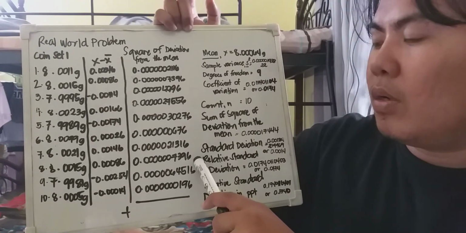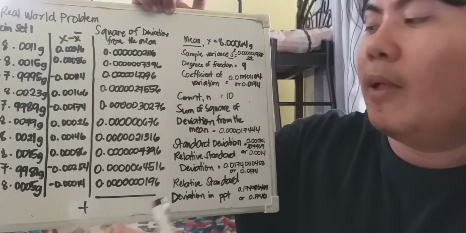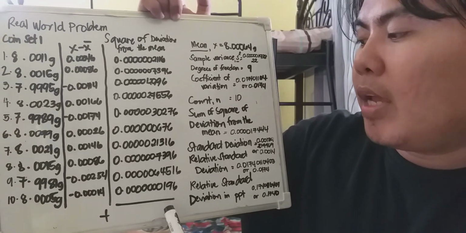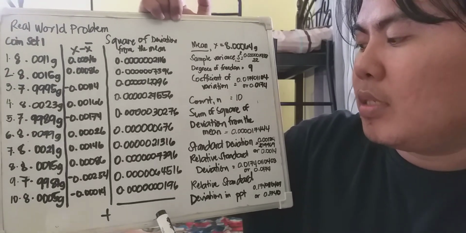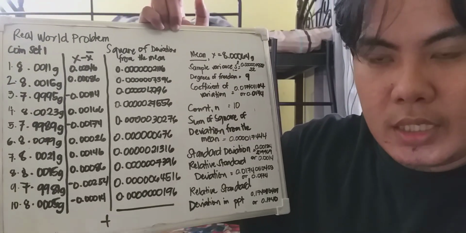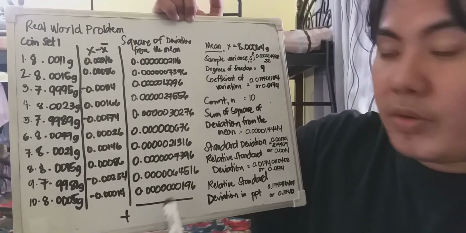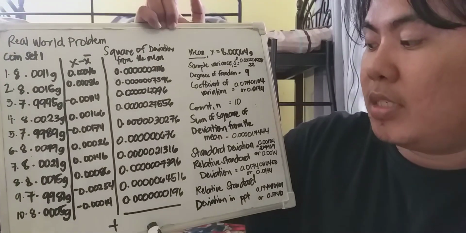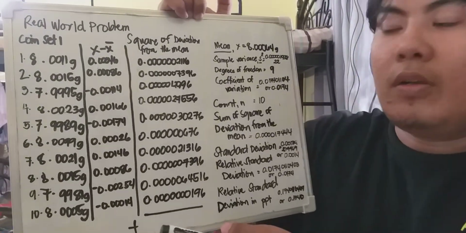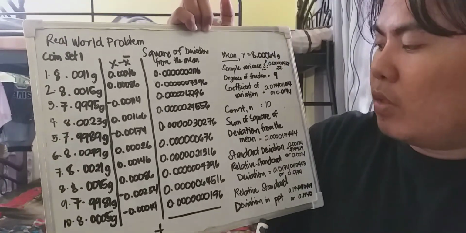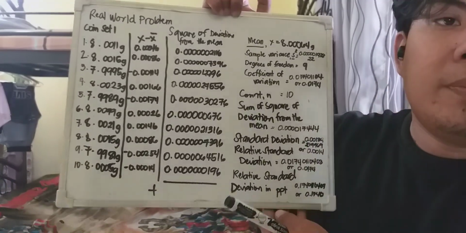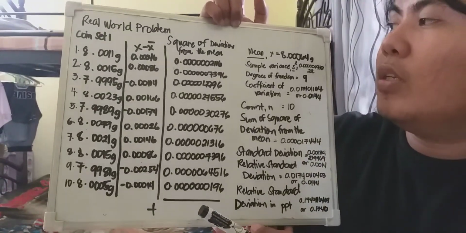Number 8 is 6 na 0, 7396. Number 9 is 5 0 and then 64516. And number 10 is 7 ang 0 niya and then 196. Ayan, congrats sa mga nakatama diyan. So, nakuha na natin yung square of deviation from the mean.